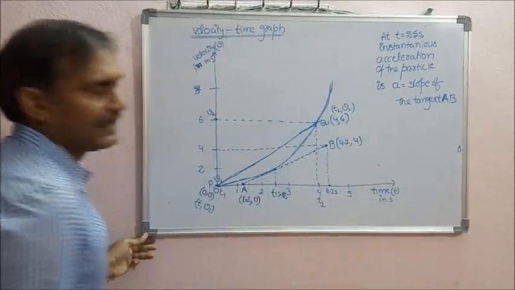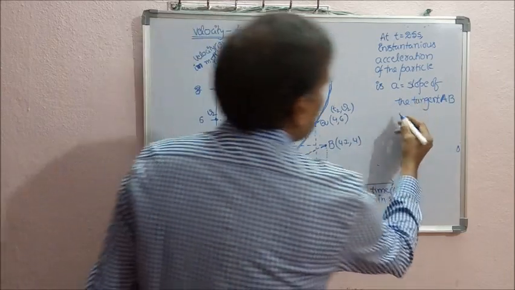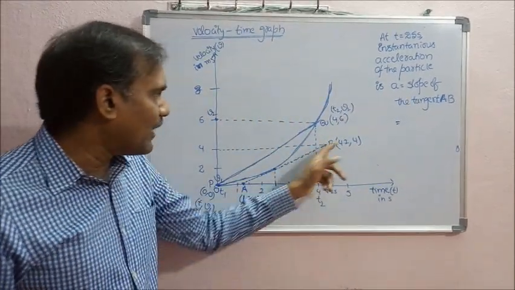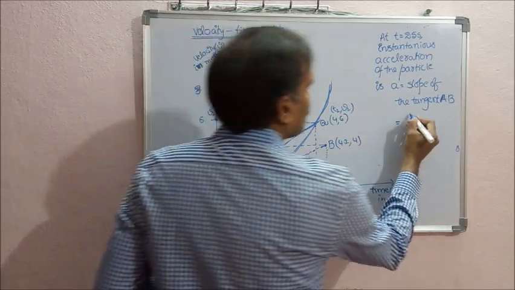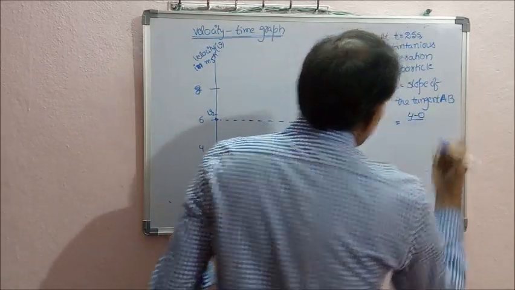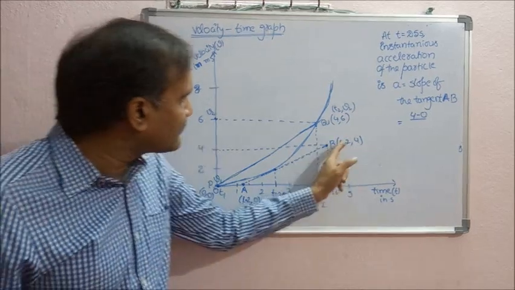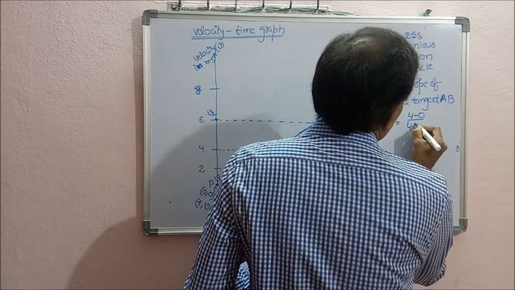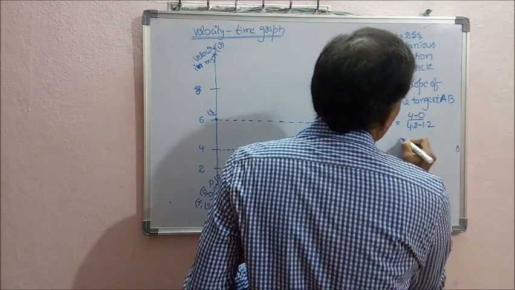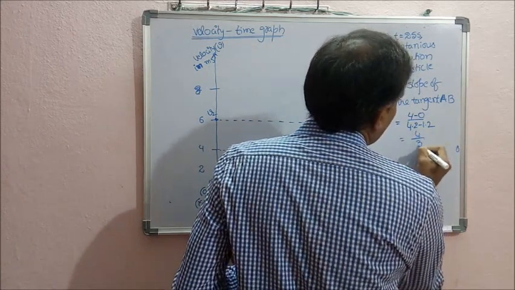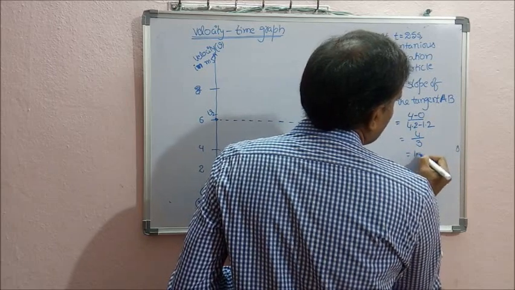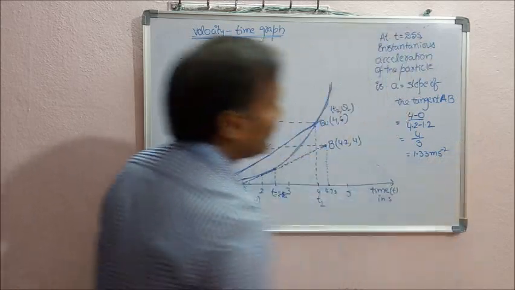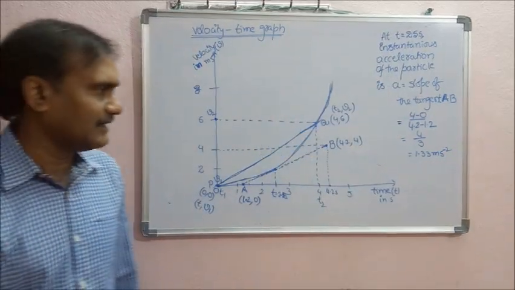Therefore, the slope of the tangent is nothing but the change in y coordinates, that is 4 minus 0, divided by the change in x coordinates, 4.2 minus 1.2. That is 4 divided by 3, which is 1.33 meter per second square.